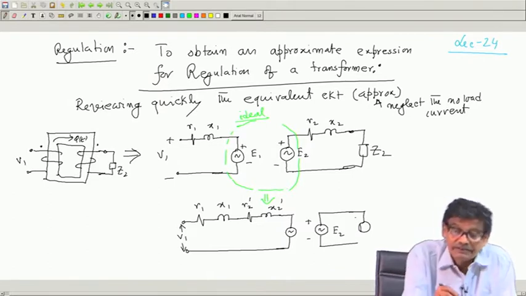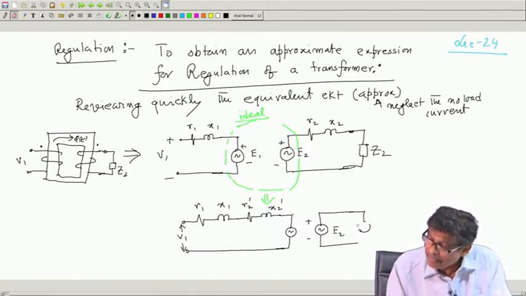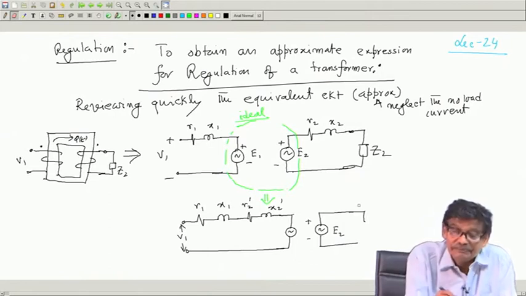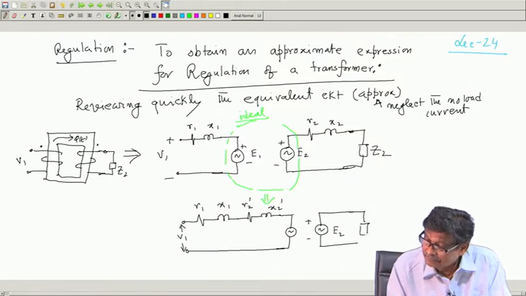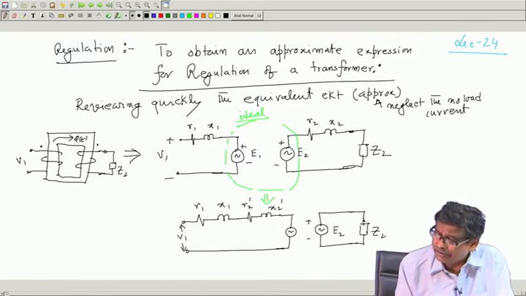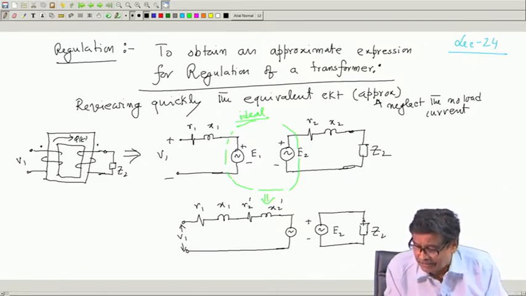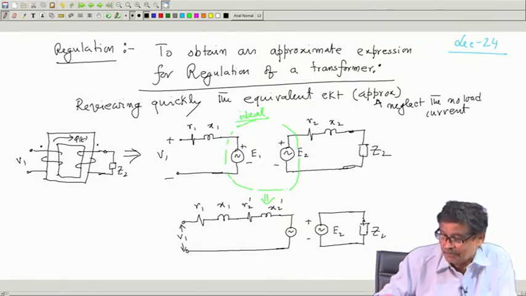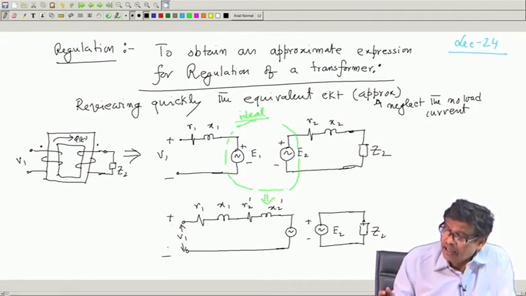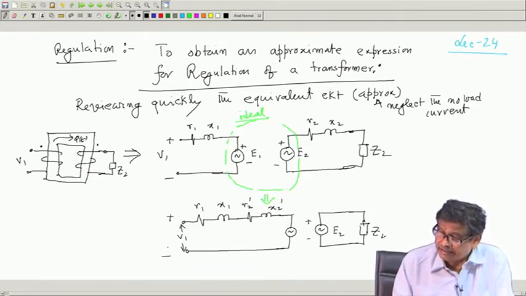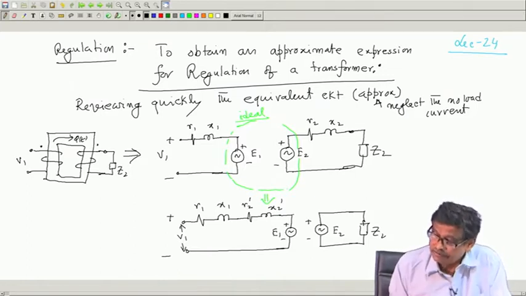Sorry, this is the load. If you wish to show no impedance on the secondary side, you push it here on the primary side, with this plus minus, and this circuit and this circuit will be identical, no problem if you solve it. This is equivalent to this.